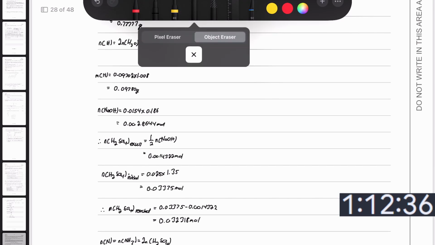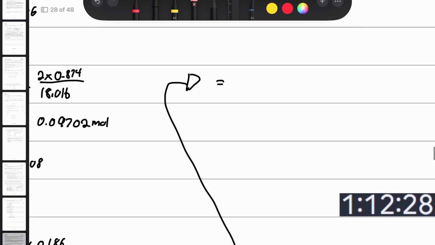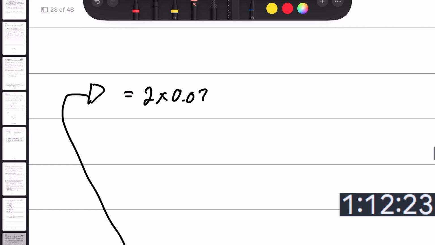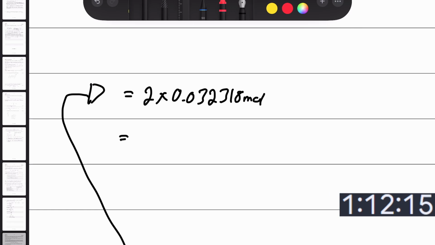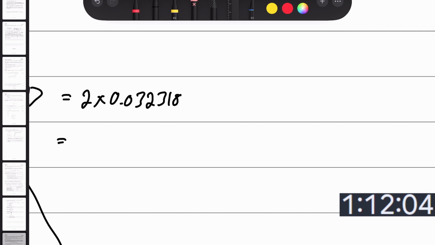So 2 times 0.032318, which is 0.0646636 moles.